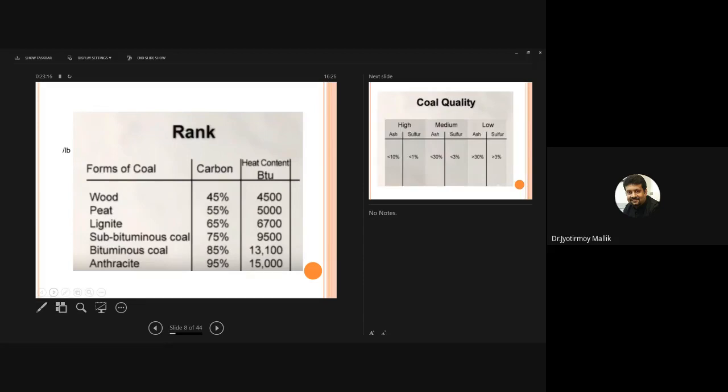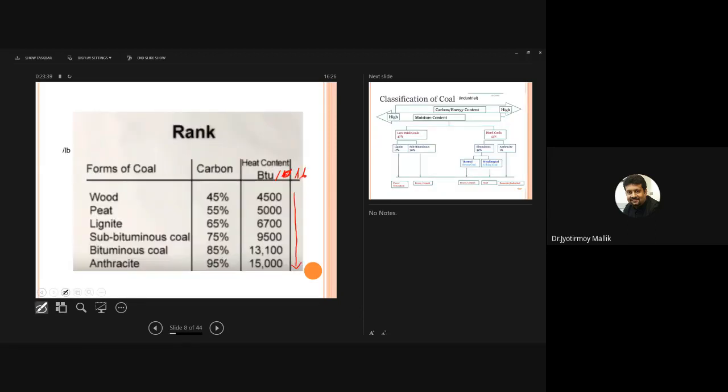And also with rank, your per pound heat value also increases. Okay, as you can see in this particular chart. So anthracite has the maximum heat value or calorific value.